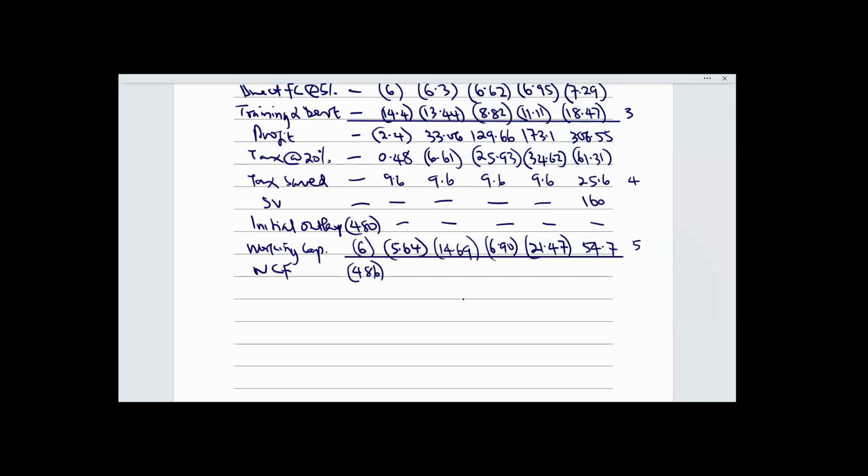So let's get the net cash flow for each year. For year 1, that's 0.48 plus 9.6 minus 2.4 minus 5.64, which equals 2.04 positive.